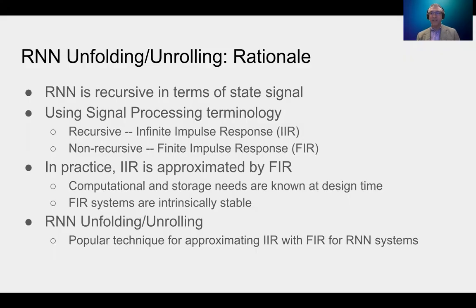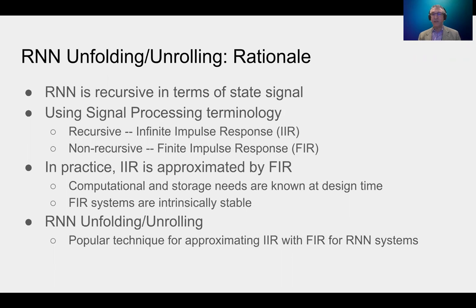A common technique used to compute the value of the state and other signals that are part of the recurrent neural network architecture is called the RNN unfolding, which is synonymous with RNN unrolling. These terms are used interchangeably. The computational problem is that the RNN is recursive.